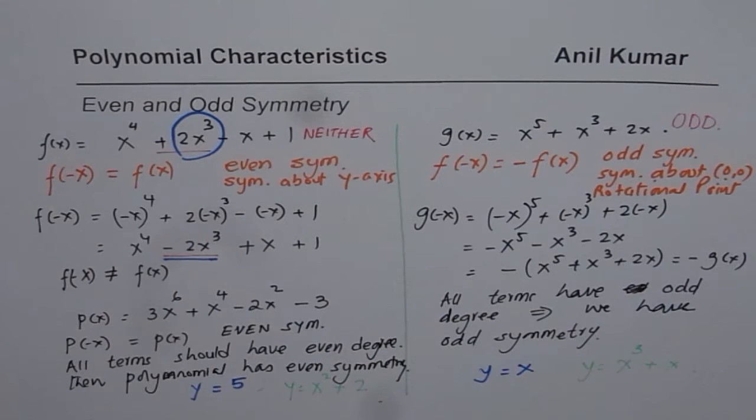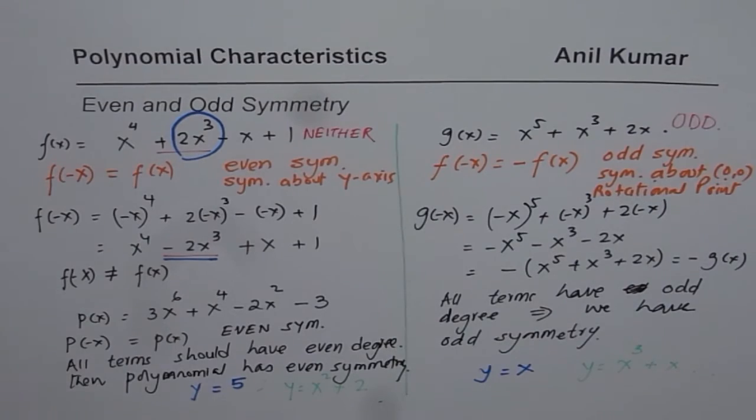So what we notice and learn from this video is that if we have a polynomial with many different terms, and each term has even degree, then the polynomial will have even symmetry. And if each term has odd degree, then it will have odd symmetry. Correct? That is what it is. Now here is a test question for you.